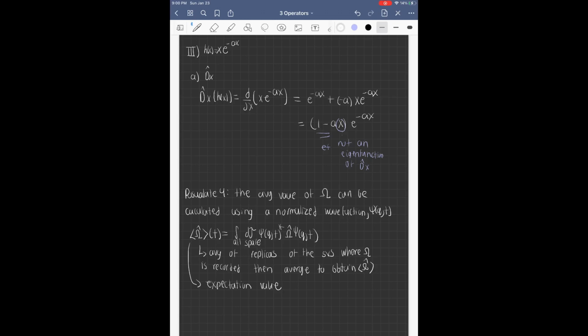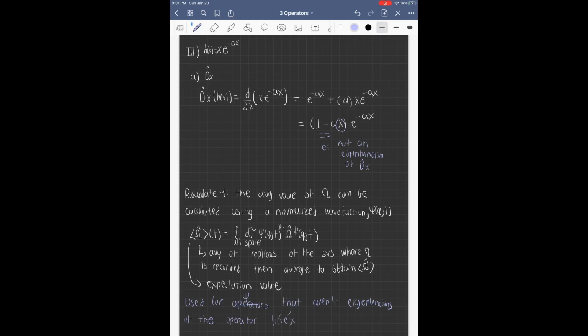I also mentioned before that this is used for wave functions that aren't eigenfunctions of the operator, like x.